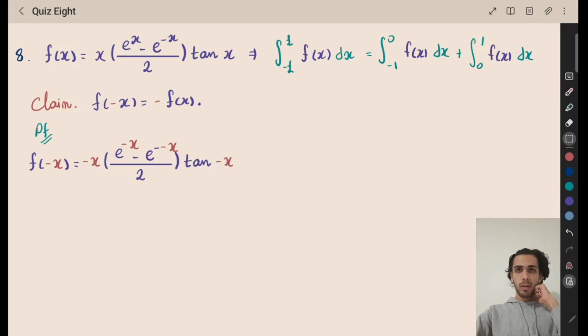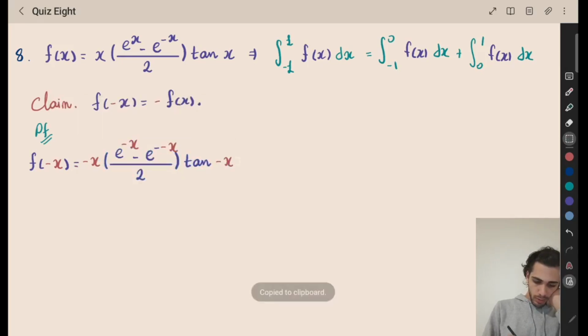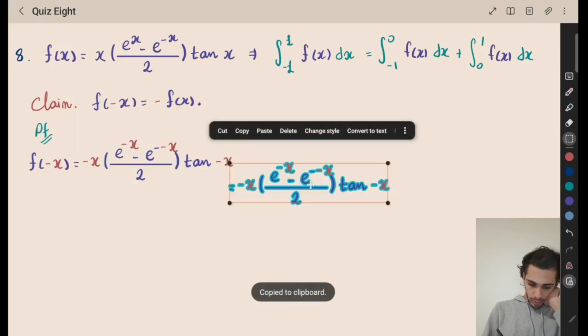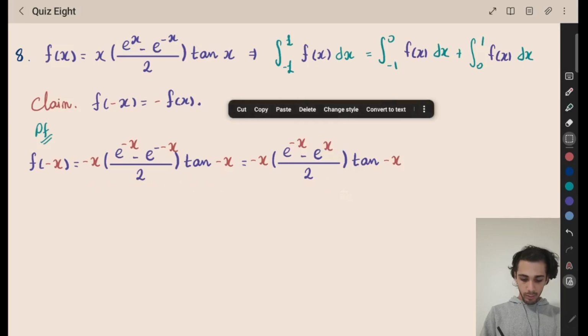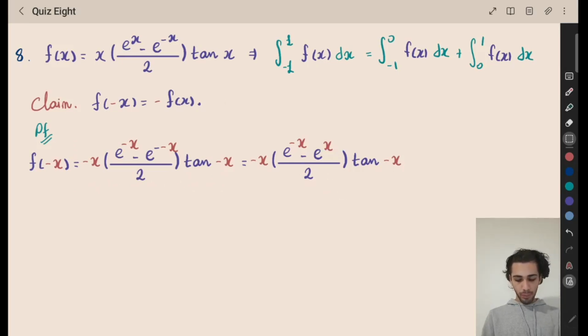Okay. Then this is not too bad. We can simplify this. Then if I simplify this, I'll get minus x on the outside. Minus of minus x is just x, right? And then tangent of minus x. So the tangent of minus x is also the tangent of x.